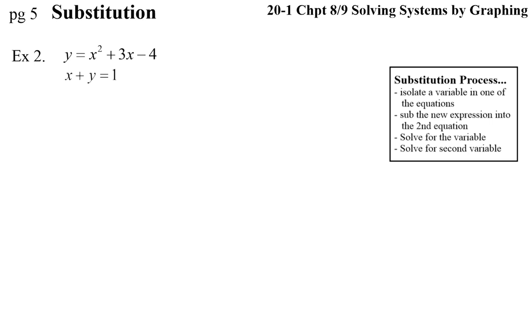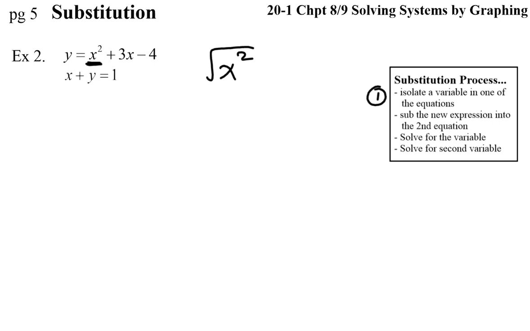So the first thing we need to do is isolate a variable in one of the equations. Well, again, we have choices. But please, isolating an x squared is not a variable isolated. You would need to square root to get just an x.